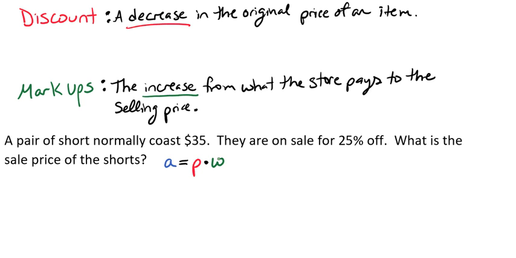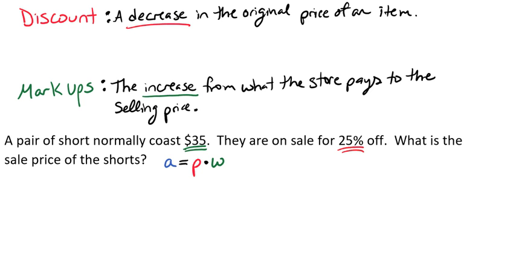Here we have a pair of shorts that cost $35. That is going to be our whole amount. They're on sale for 25% off. That's going to be our percent. We want to know, what is the sale price?